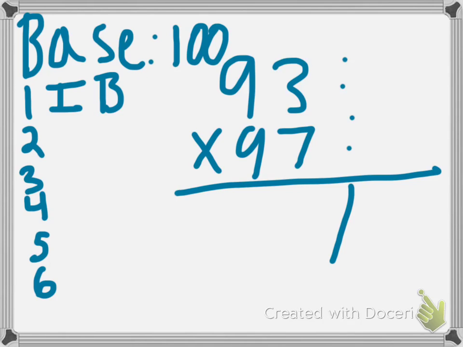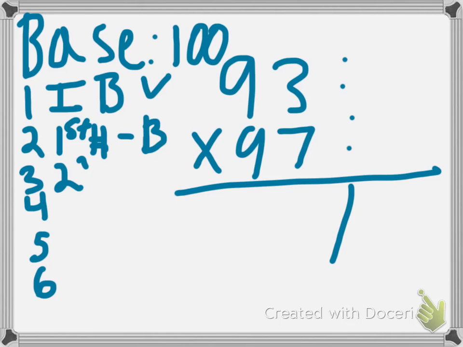So step 1, IB, identify base, is done. Step 2, 93 minus 100, or I guess what you could call is first number minus base, which I'm going to write as B. Third step, second number minus base.